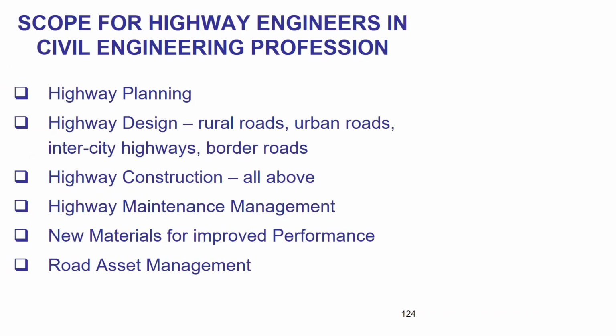And the scope for highway engineers is that you have huge potential as highway planners, highway designers, in construction of rural roads, urban roads, intercity highways, interchanges, border roads, construction using new materials, new technologies, maintaining the road asset that you have created, improved performance using new materials, and how we manage this road asset is a challenge before you.